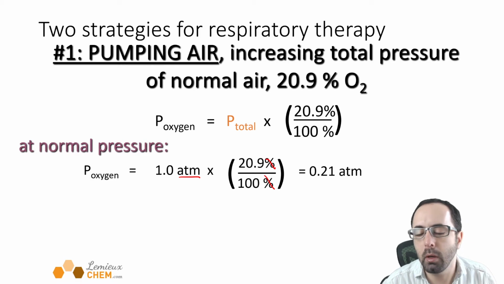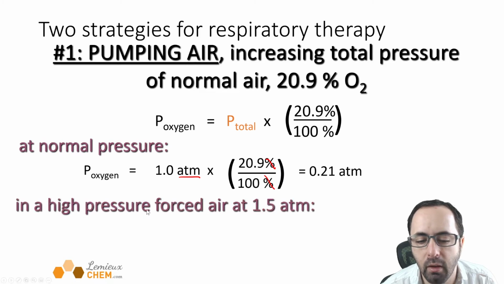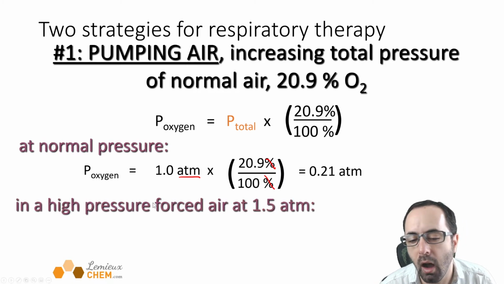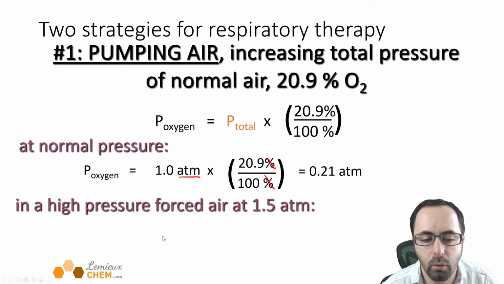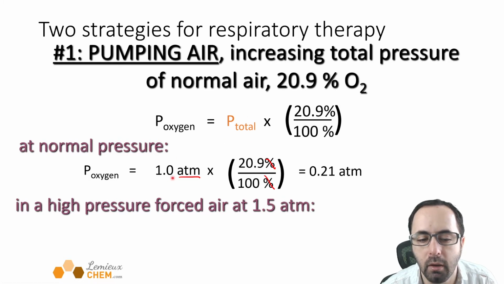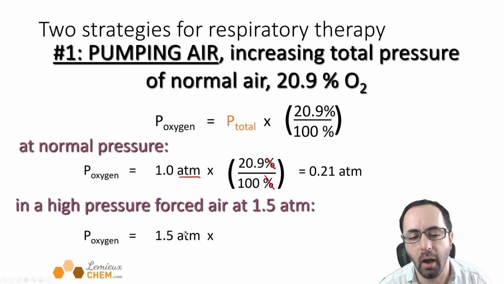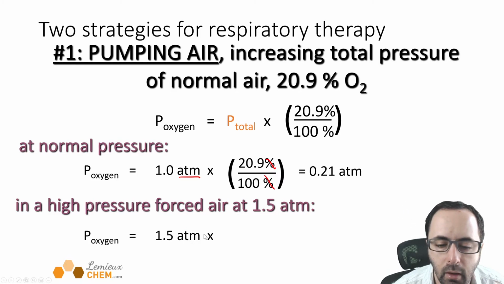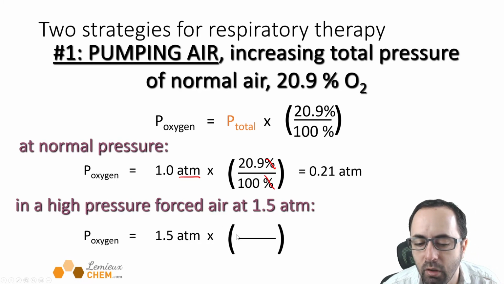But if we're performing rescue breathing on a patient that stopped breathing, we're going to pump forced air into their lungs at a higher pressure, let's say 1.5 atmospheres. So now the partial pressure of oxygen will be different because the total pressure will be different. Instead of 1 atmosphere, now the total pressure is 1.5 atmospheres because we're forcing a higher pressure of air into their lungs. Now we're still just forcing air, so the percentage of oxygen is the same.